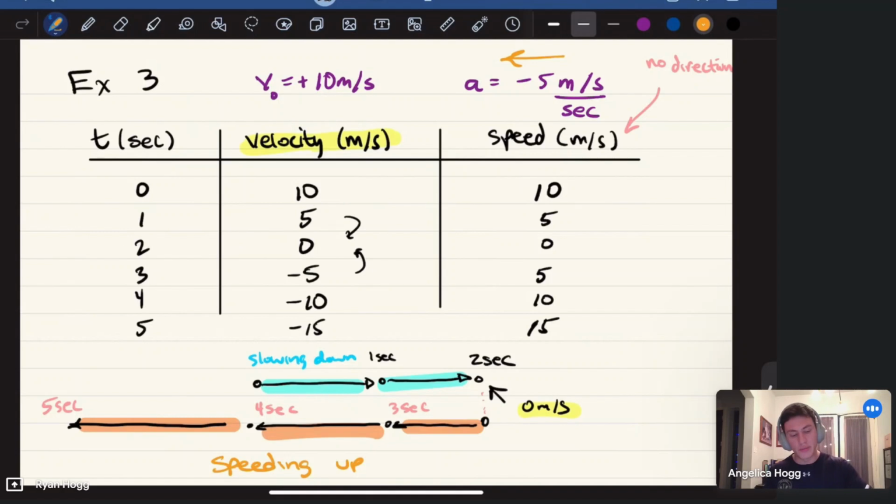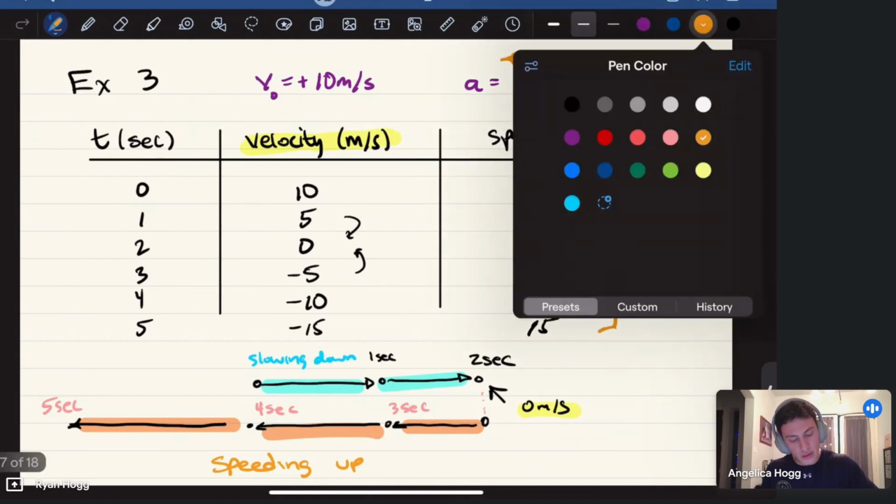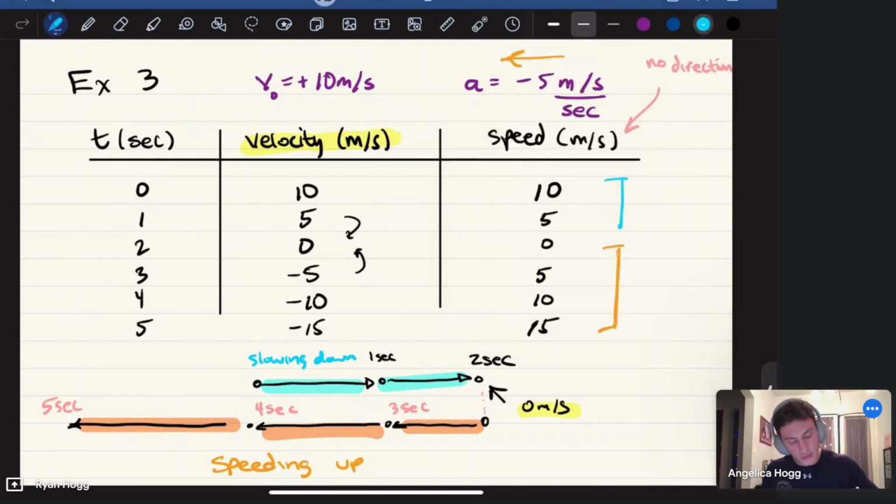So that's an important note to make. You can see that in the speed. Here we're speeding up. Our speed is getting bigger, but up here for this section, we're slowing down. And that's why the speed is decreasing. And that is reflected again with the distance that's being covered here.